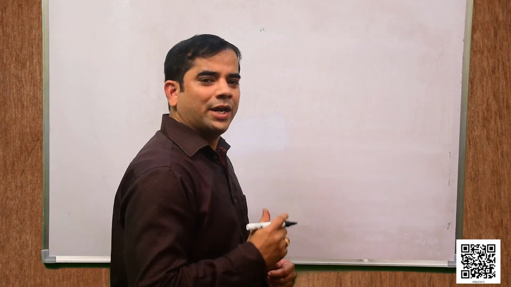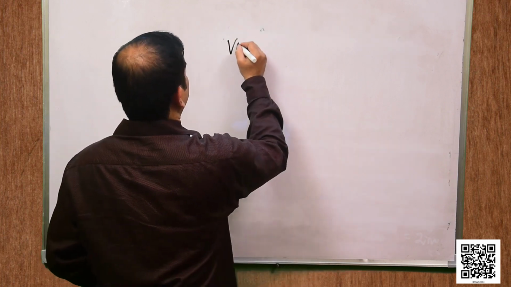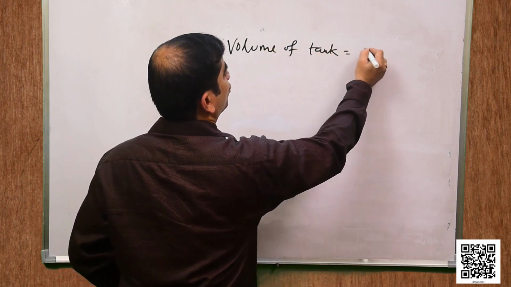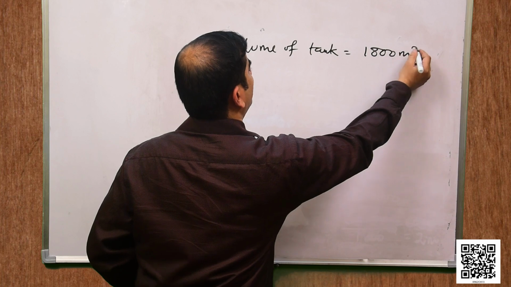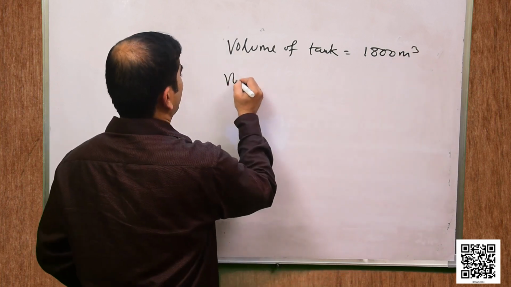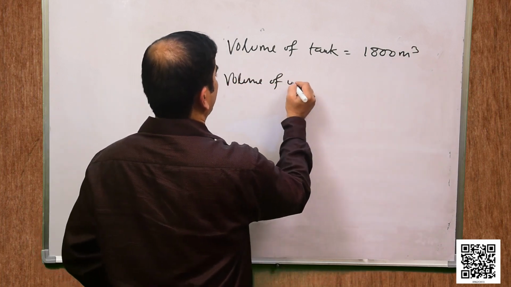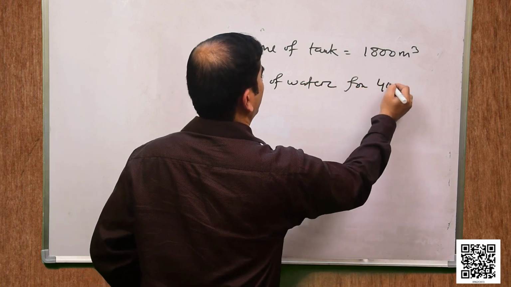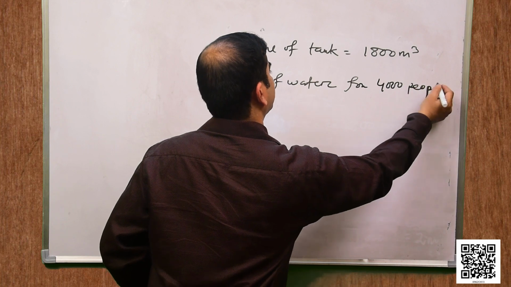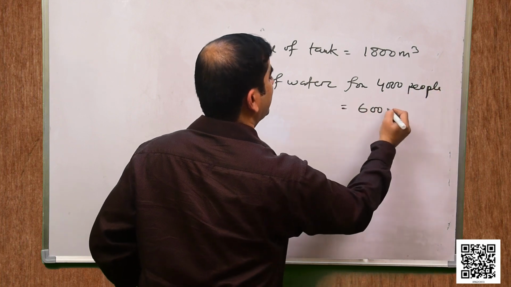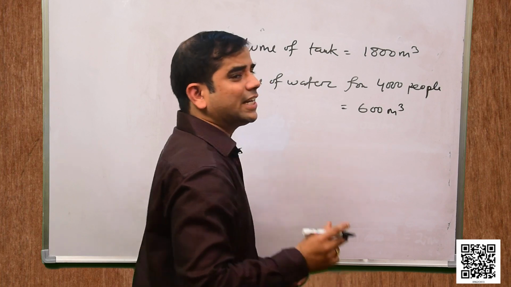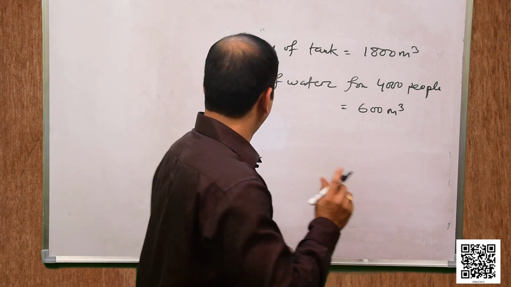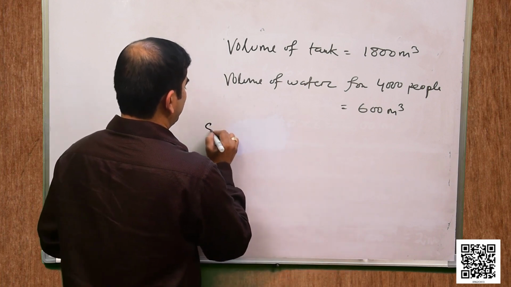So students, we have found that volume of tank is equal to 1800 meter cube and volume of water for 4,000 people is equal to 600 meter cube. So, let us find how many days the water will last.